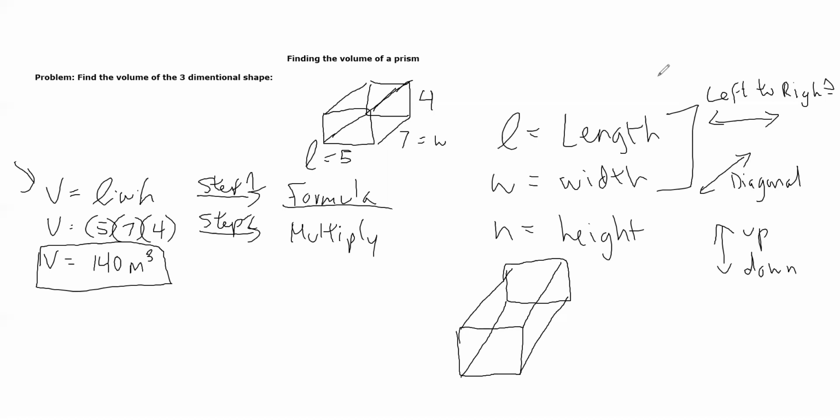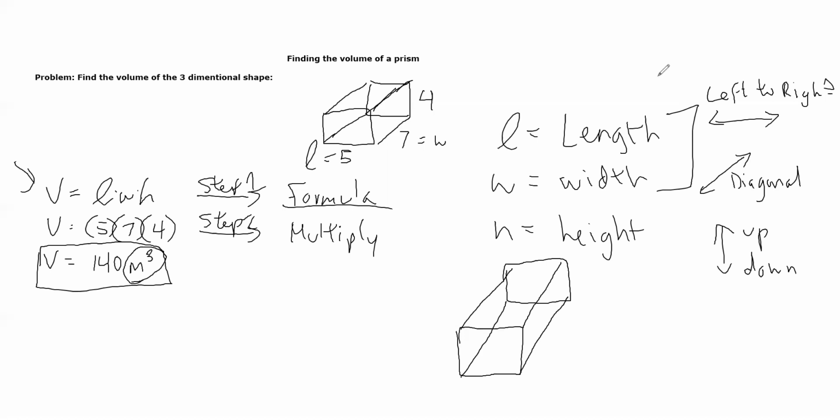Now notice this, I want to point this out. I have meters cubed, right? That's not part of the problem. You can think of the meters cubed as a label. Remember how I said that this was a 3-dimensional object? Well, a really easy way to know that this is a volume problem is if the problem is labeling things in squares or cubes.